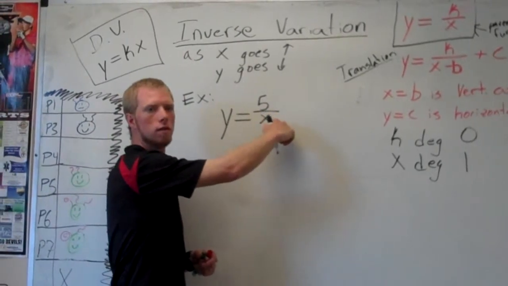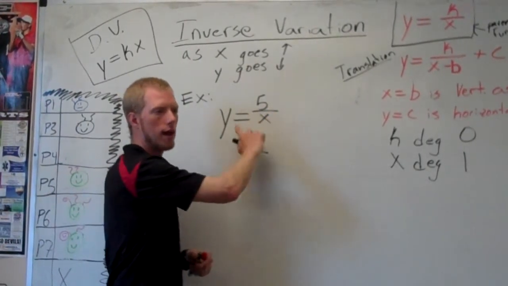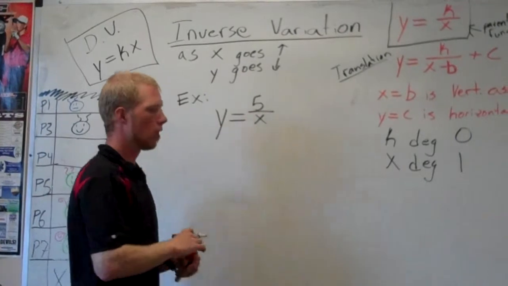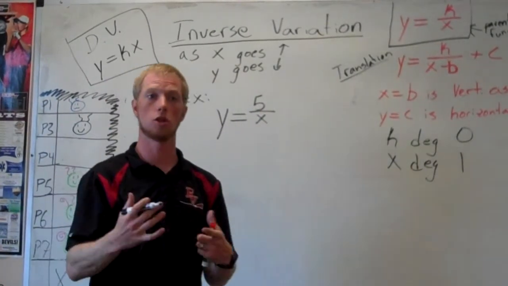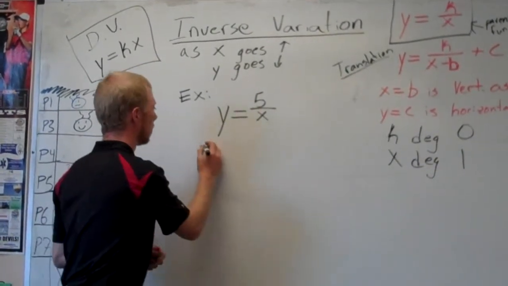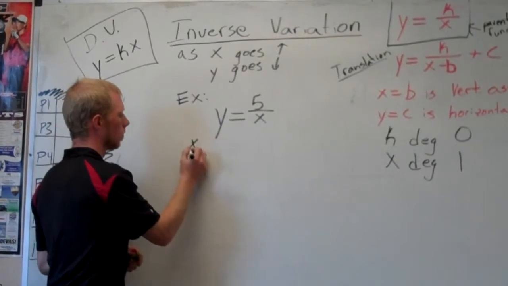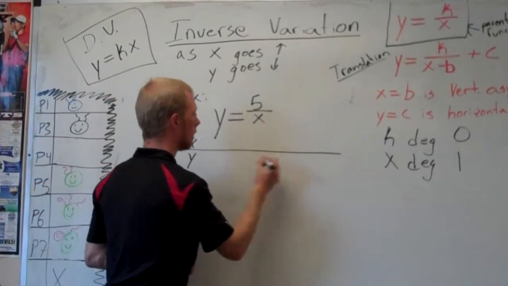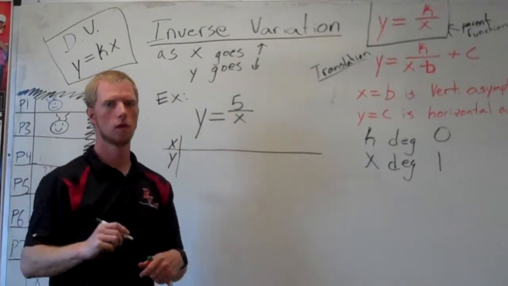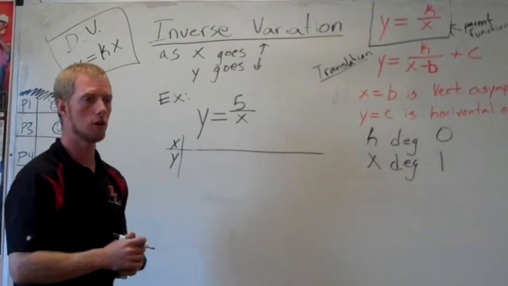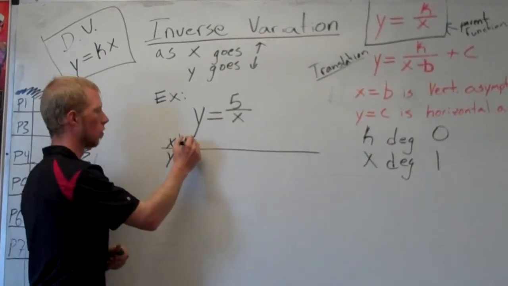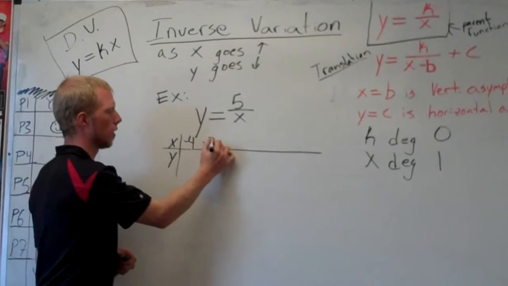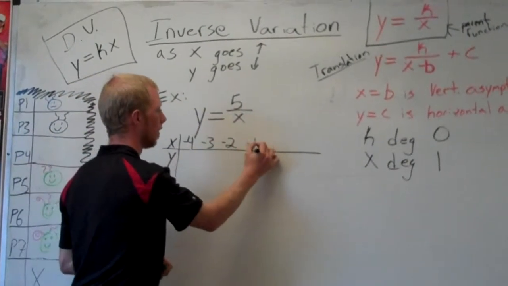Over here, I have x, and it's just by itself. So the first thing you're going to be asked to do is sketch a graph of this. The easiest way to sketch any graph is going to be to create a table. Or maybe not the easiest, but the most basic way.